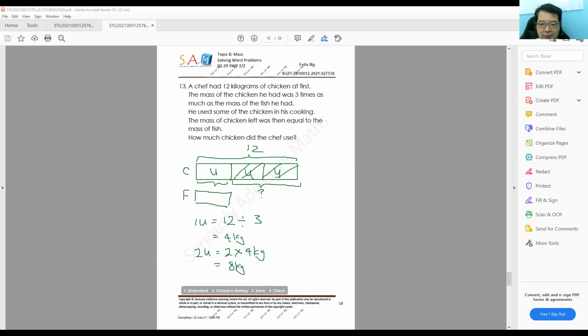So how much chicken did the chef use? 2 units equals 8 kg, right? Let's write the statement. The chef used 8 kg of chicken.